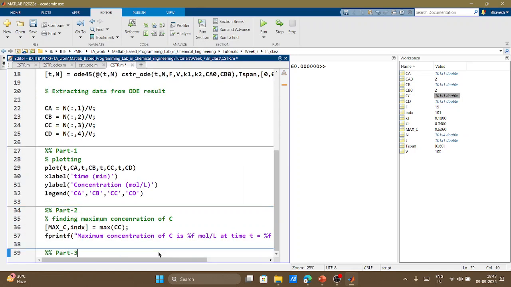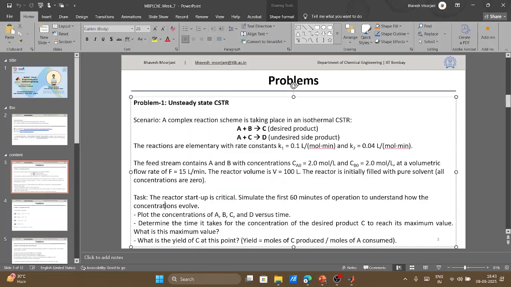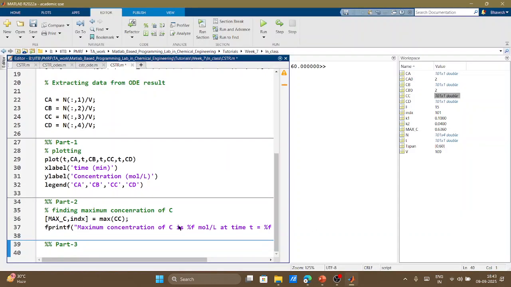Third part, we have been asked to find the corresponding yield at this point. So we have been asked what is the yield of C at the given point, and yield is given as moles of C produced divided by moles of A consumed. Now I know at what time the maximum value is achieved.